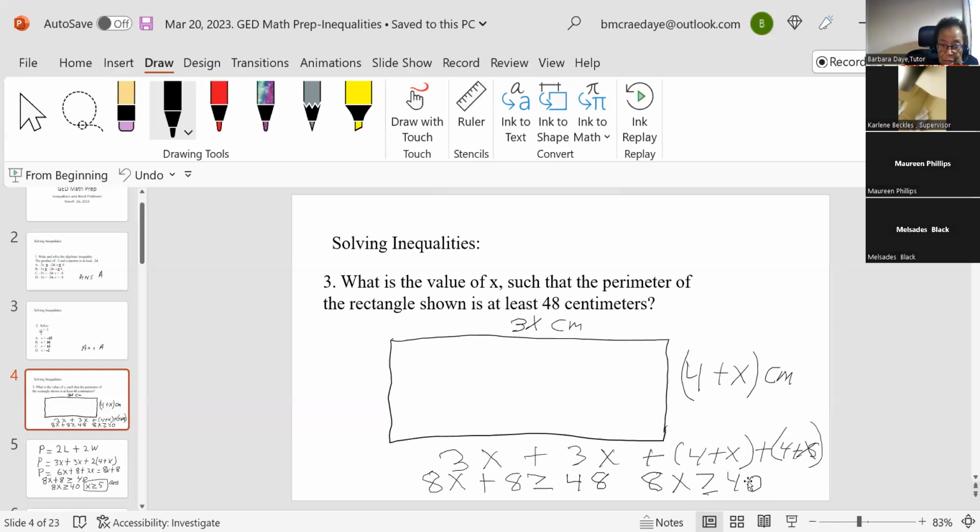So let me just put it up here: x is greater than or equal to 5. That's your answer. That's what you got, Mercedes, right?